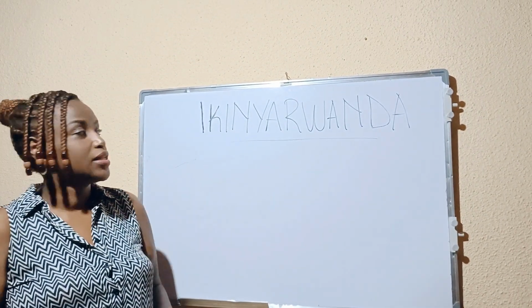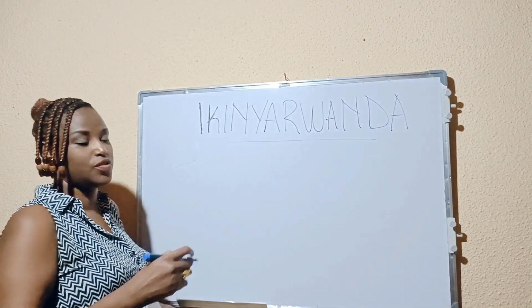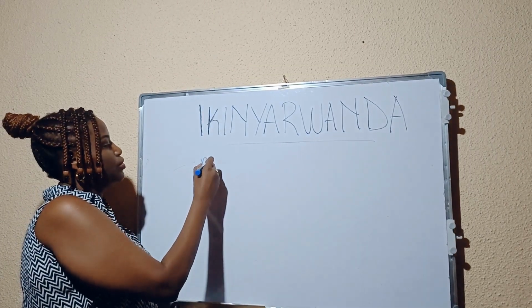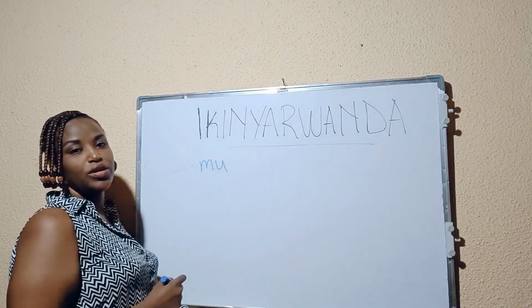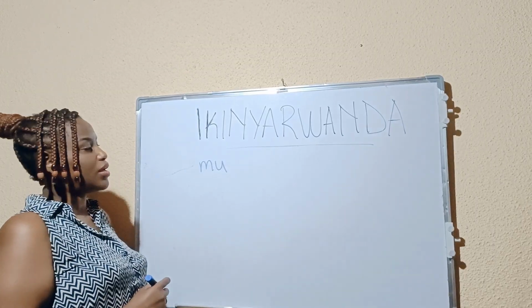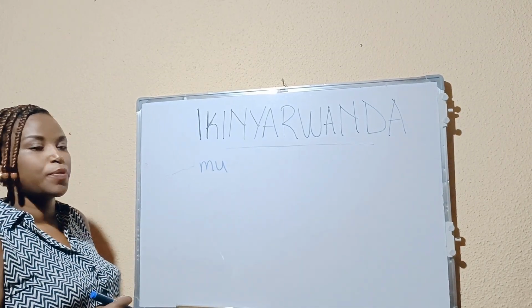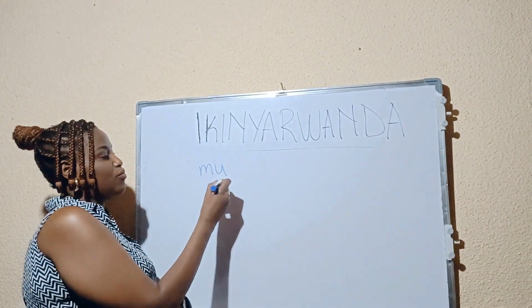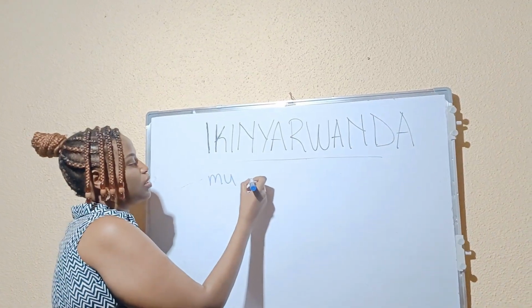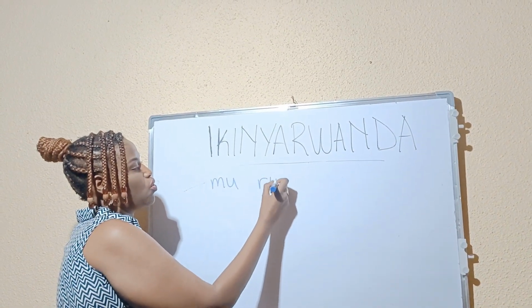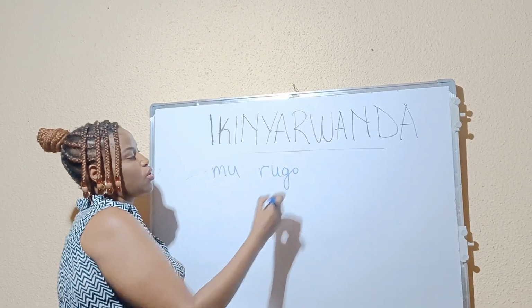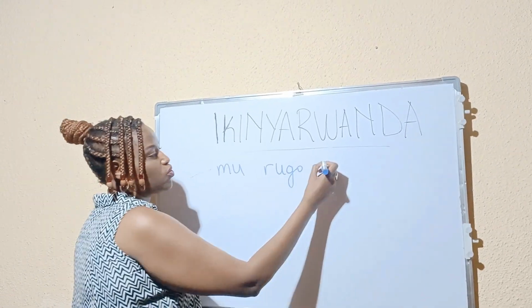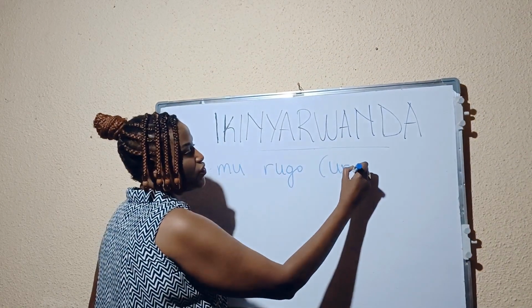So simply, let's start with mu. Mu is a preposition in Kinyarwanda. It comes before a place. When you have mu, let's say murugo. Urugo. So this word is urugo when you write it in full.